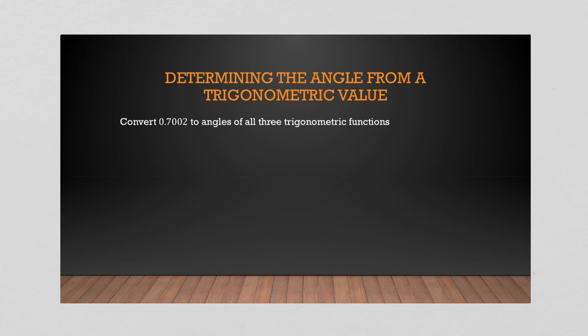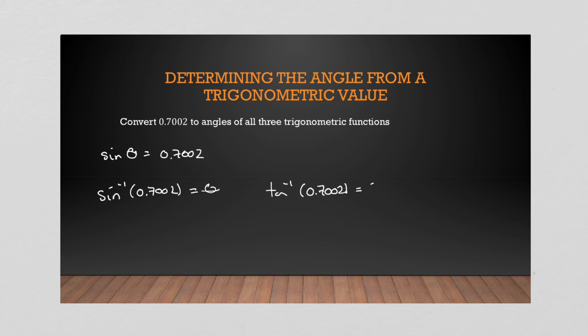So let's try again. So here we have sine theta equals 0.7002, which means sine -1 of that value will give me theta. So that means tan -1 of that value will give me my angle. Cosine -1 of that value will give me my angle. So you can see that this is all calculator usage.